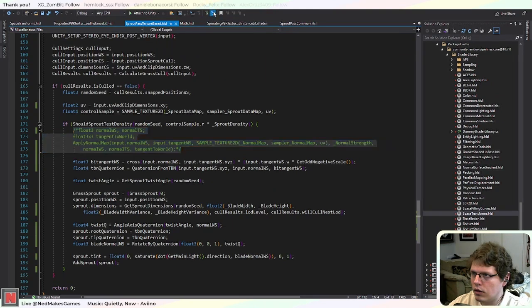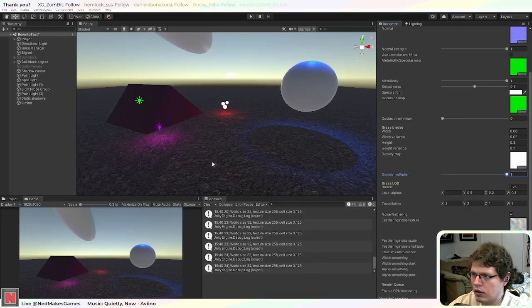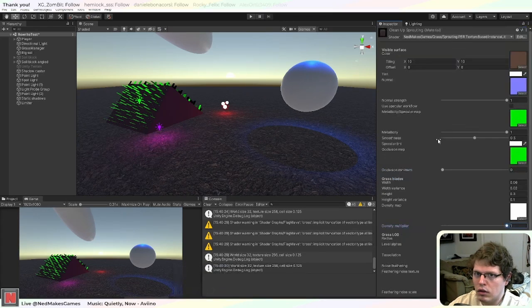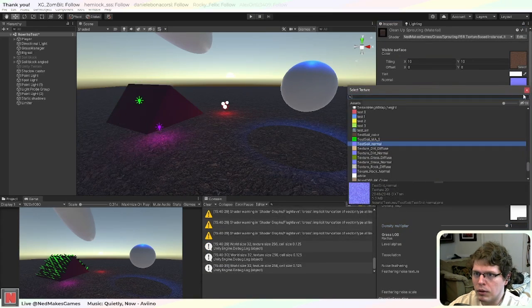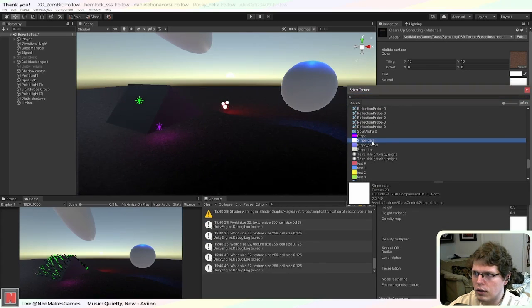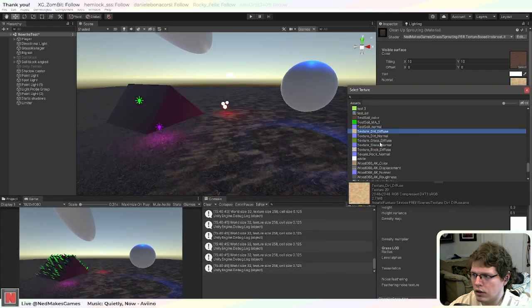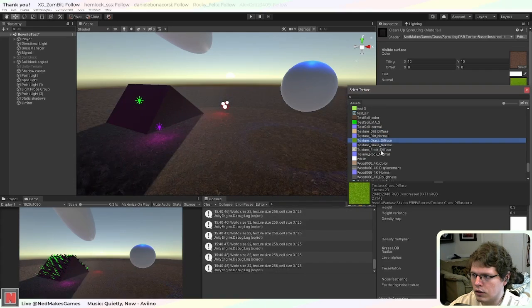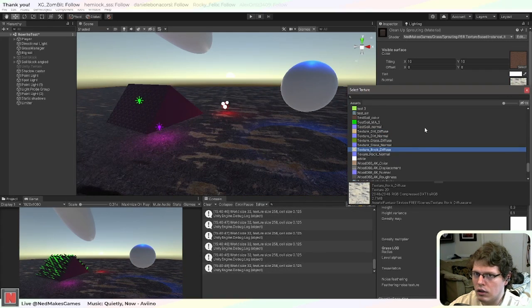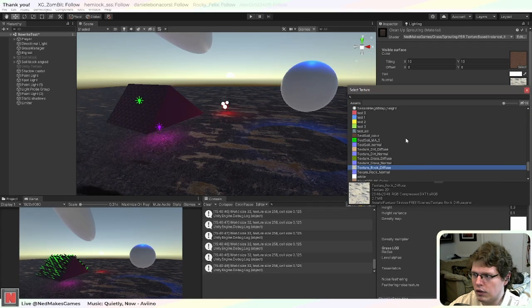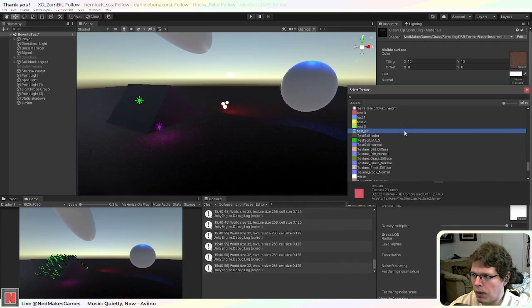And then if I uncomment this, that makes the grass show up here. Okay, so it does have a normal map. It makes the stuff look different, but it doesn't actually change the, oh no, it does change the grass. Okay. It changes the grass's lighting anyway.